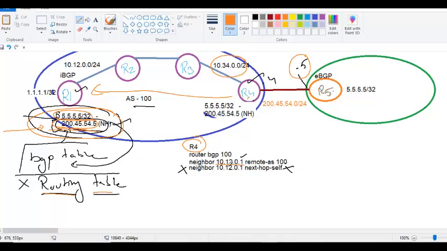Between R4 and R1, what relationship do you have?